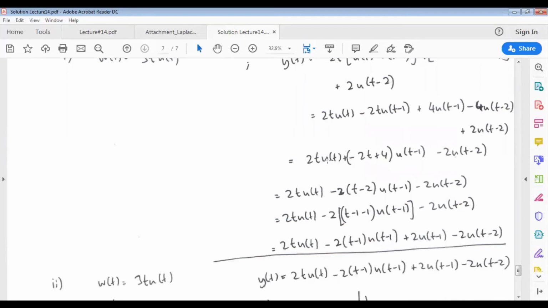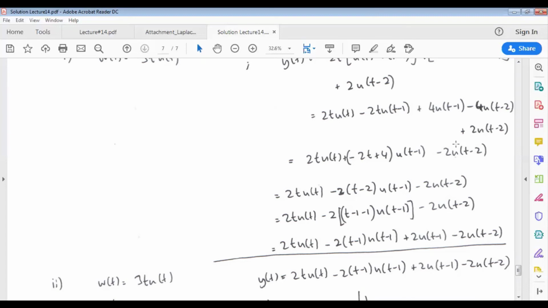Why do I combine these terms? Because they have the same step, which is ut minus 2. So the fourth and fifth terms are added together, and we have -2 of ut minus 2.